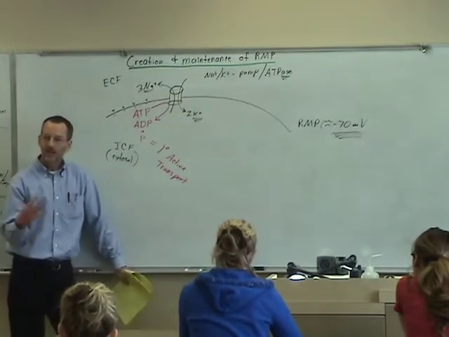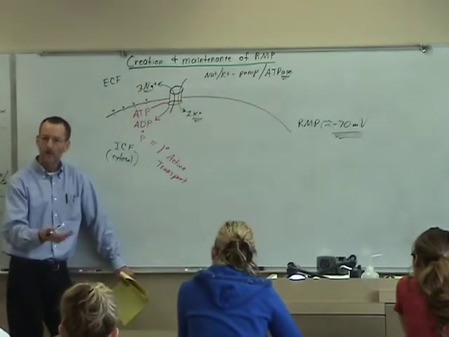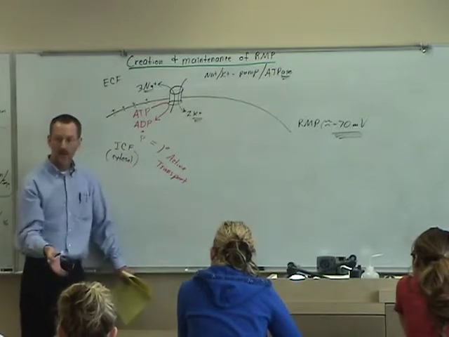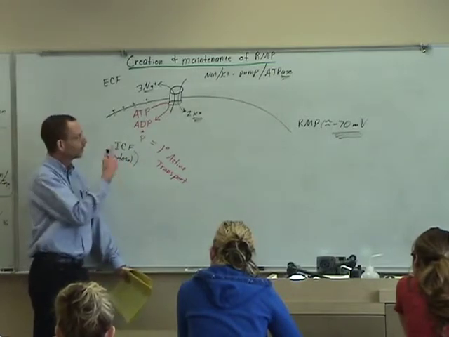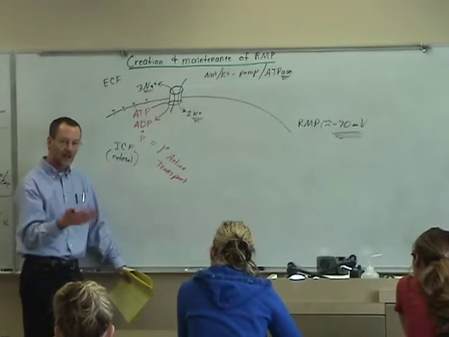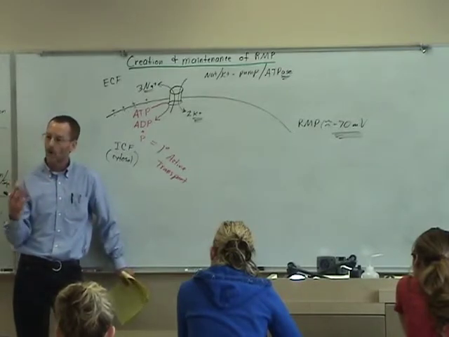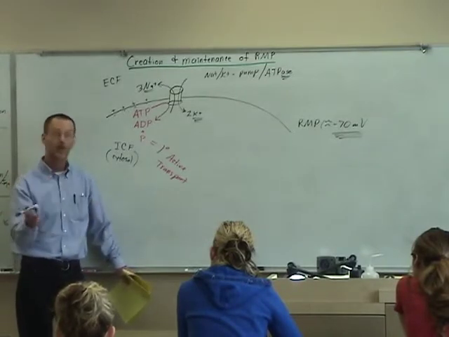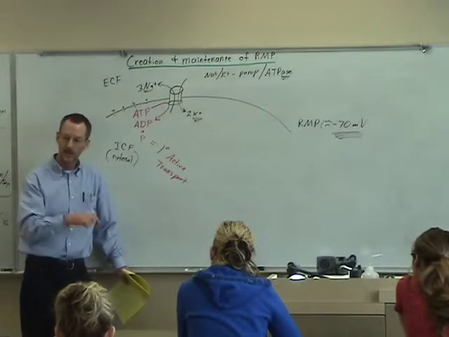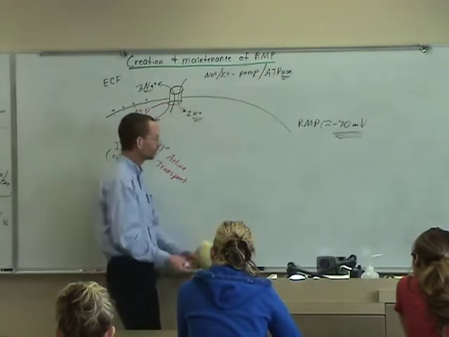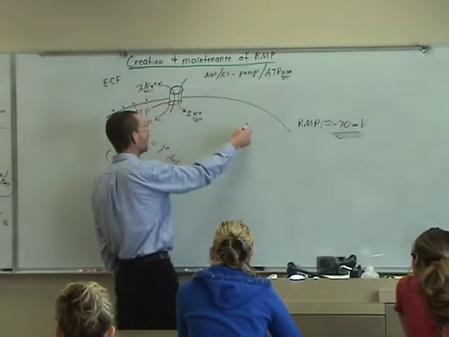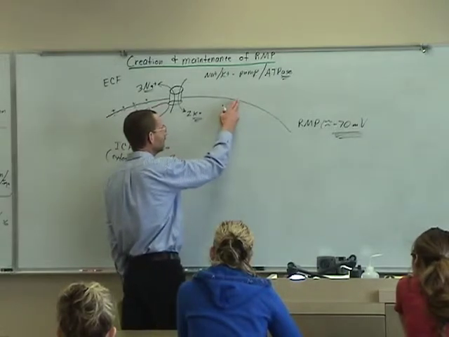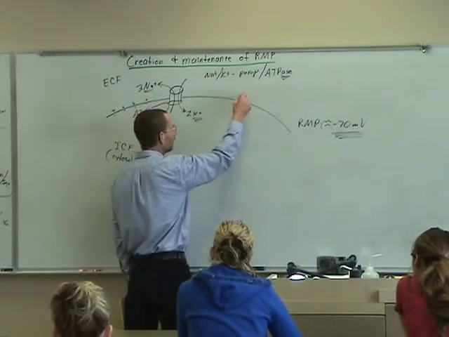So there are leakage channels in the membrane for both sodium and potassium. But we're concerned in this story primarily with the potassium because a lot more potassium leaks out than sodium leaks in. So we can sort of forget about the sodium leaking in to start.